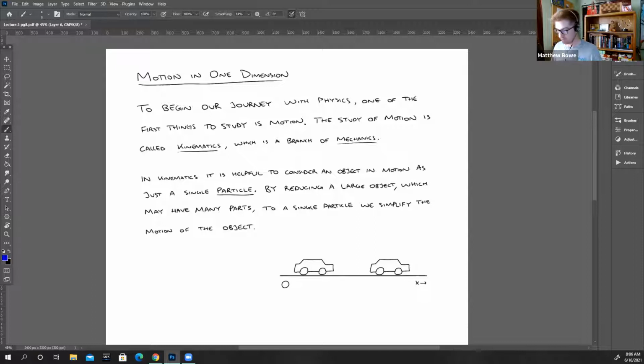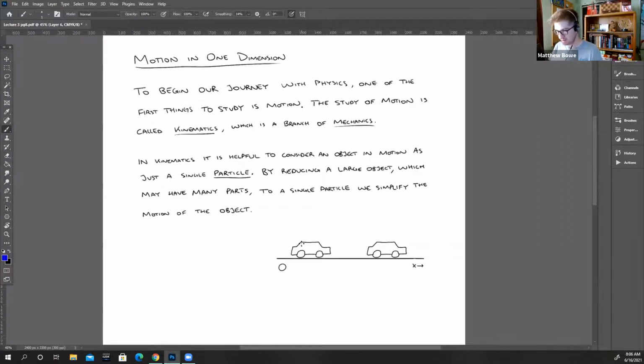So what I'm trying to show with this car is, first off, the car has many complex parts, but I'm just going to measure distances around this point that I put in the middle. And this is the same car.